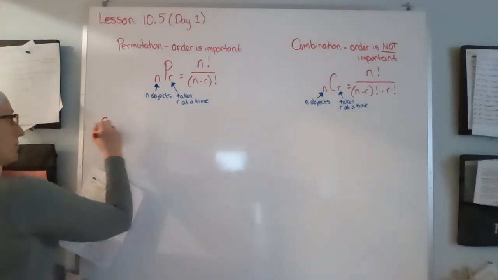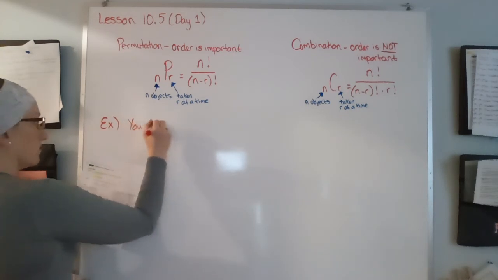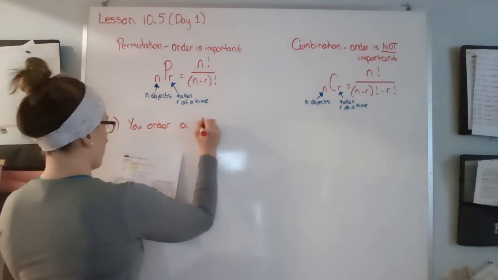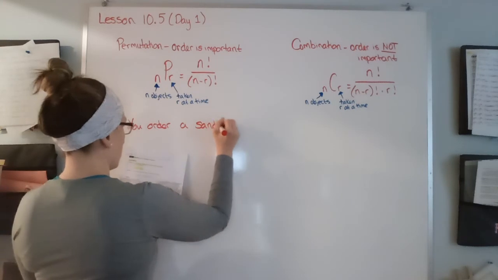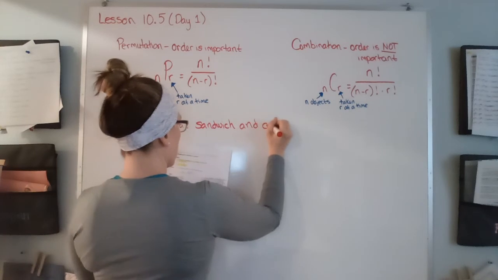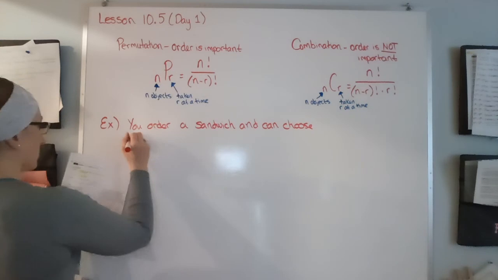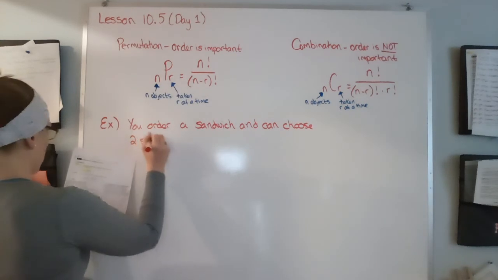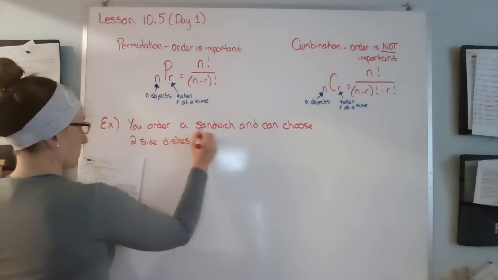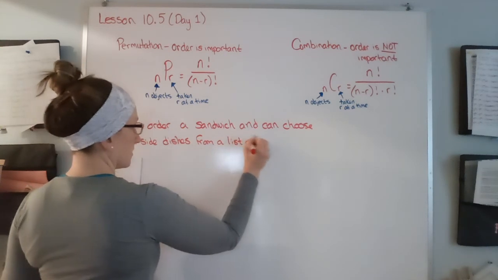The next example says this. You order a sandwich and can choose 2 side dishes from a list of 8.